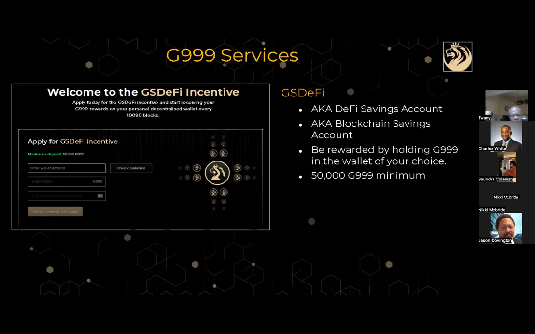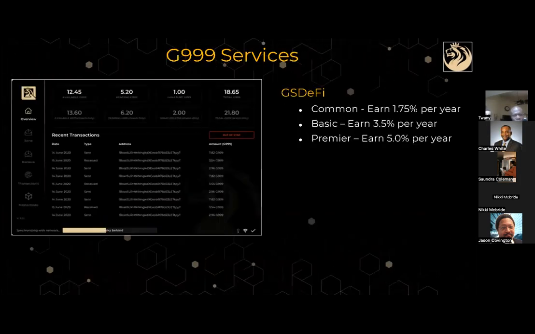Right now, I believe the GSDeFi pool is closed. I think it's full, but it is always a good idea to jump in when people move their money out. Now, the rewards depend on what voucher you want.